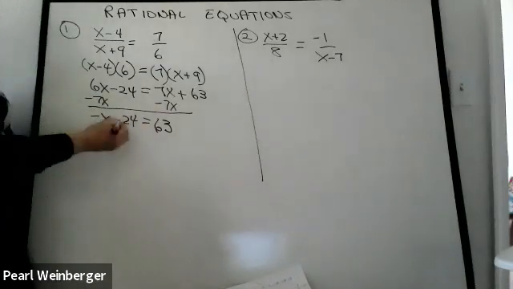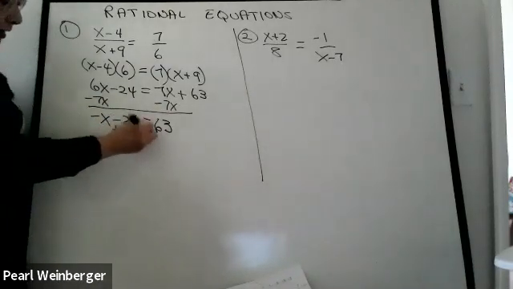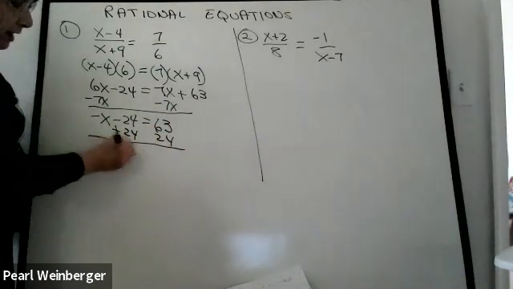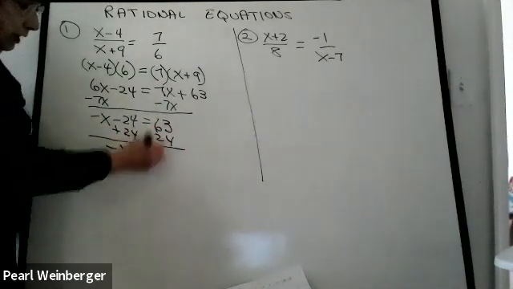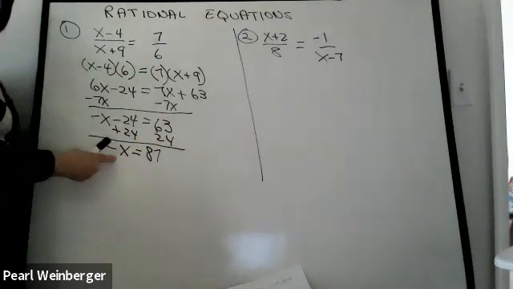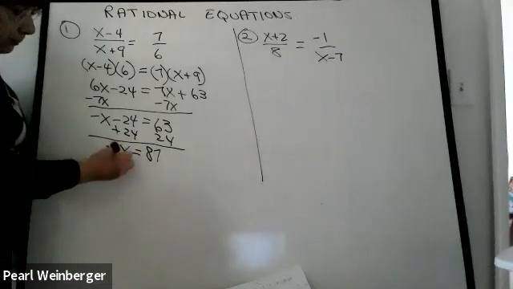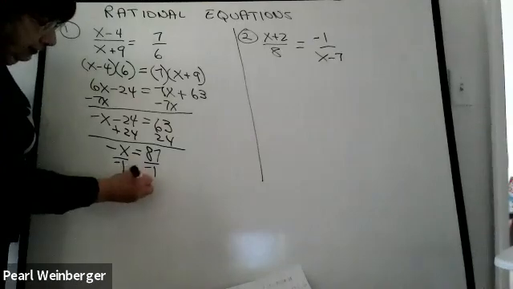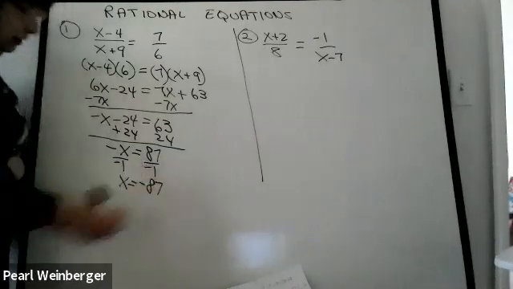And then I'll add 24 to both sides to get the x alone. This will give me negative x equals 87. And of course, I don't want what negative x is, I want what x is, so I'll divide by -1. And my answer comes out to be x equals negative 87.